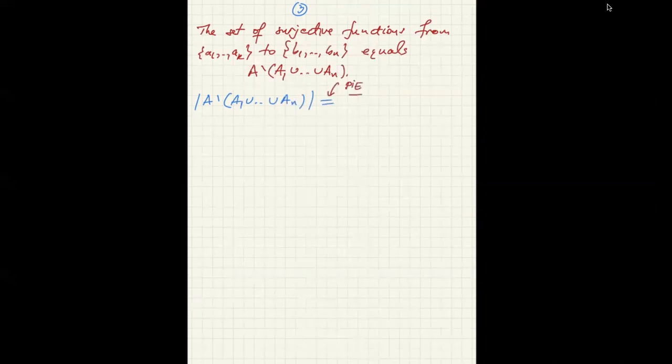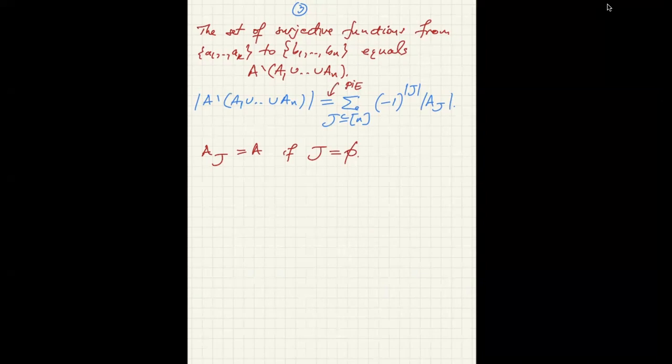And we get that this will equal, just write down the formula, summation over all subsets of indices J of minus 1 to the cardinality of J times A subscript J. And now we have to figure out what is A subscript J. So A subscript J is A if J is the empty set. So that's easy.